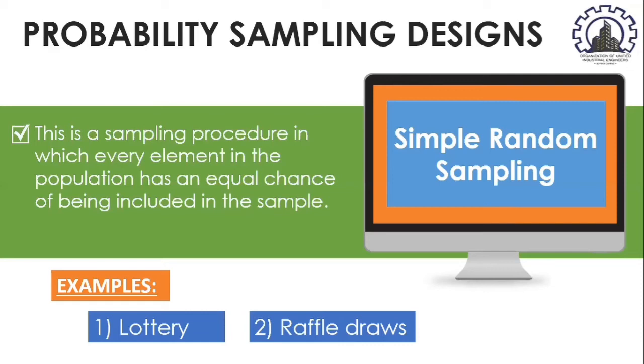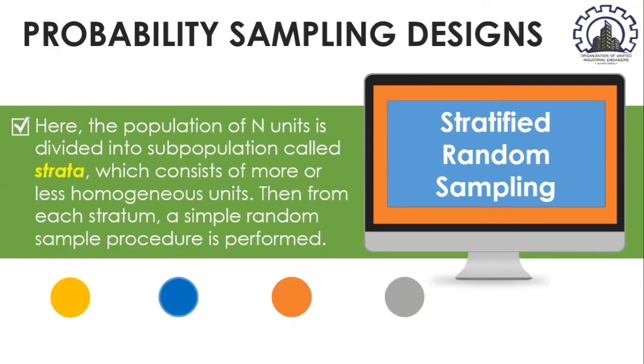Another probability sampling design that we have is called stratified random sampling. In stratified random sampling, the population of N units is divided into subpopulations called strata, which consist of more or less homogeneous units. Then from each stratum, a simple random sampling procedure is performed.